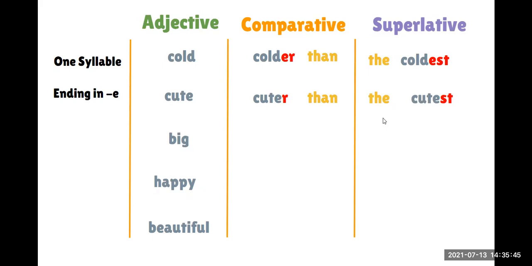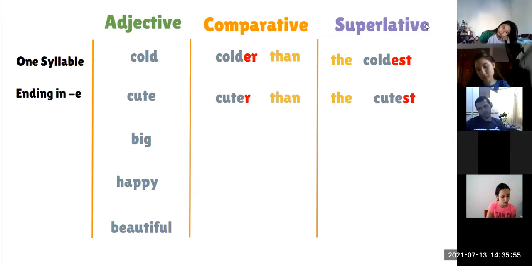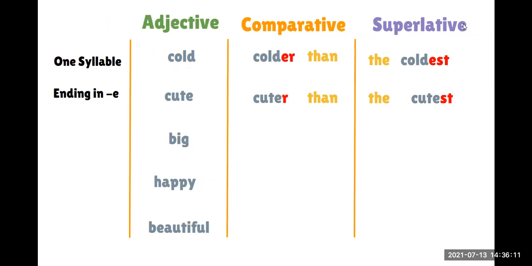What can we say? I have the cutest dog in the neighborhood. Okay, very good. You are comparing your dog with the other dogs in the neighborhood, right? Very good. My dog is the cutest dog in the neighborhood.